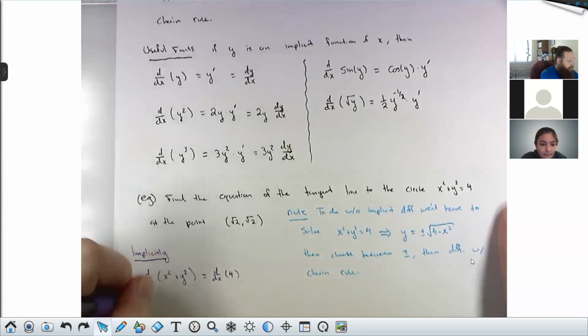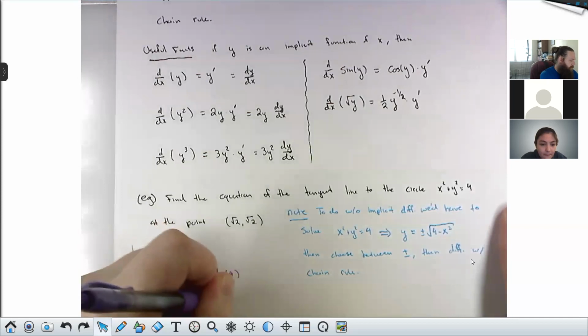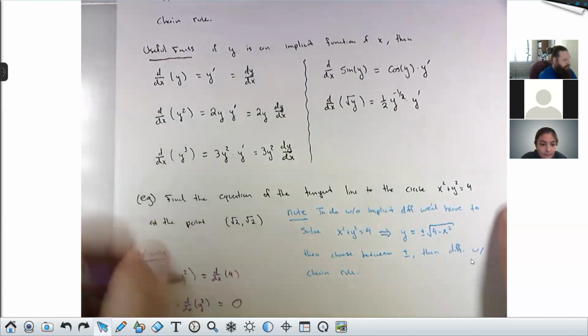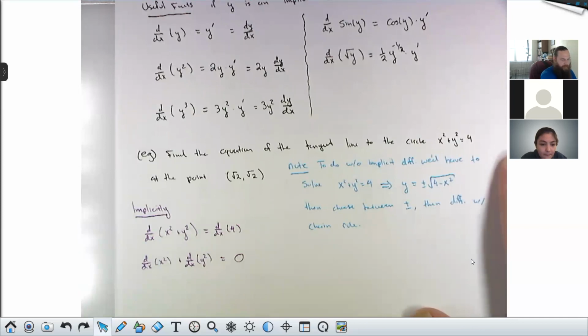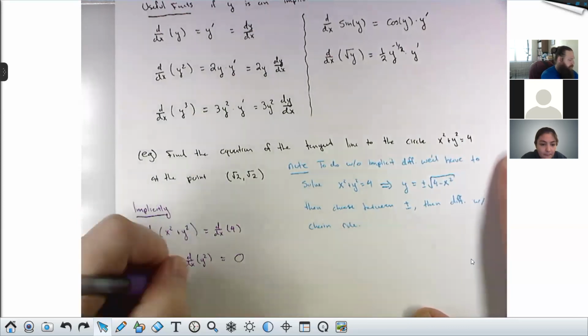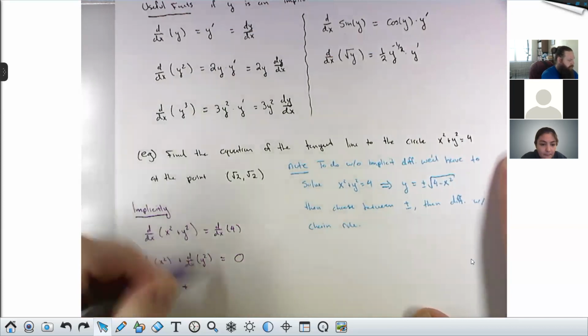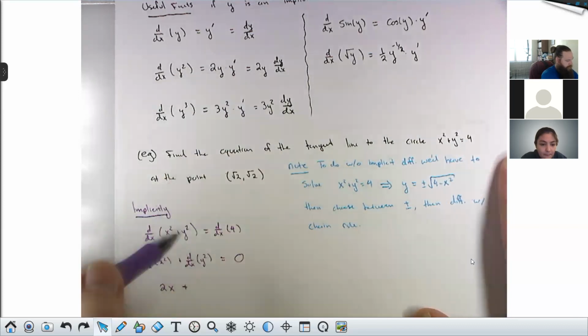On the left-hand side, using my rules, that's d dx of x squared plus d dx of y squared. And on the right-hand side, d dx of 4 is definitely 0. d dx of x squared, it's the normal derivative, that's 2x, plus d dx of y squared is 2y times y prime, or 2y times dy dx.